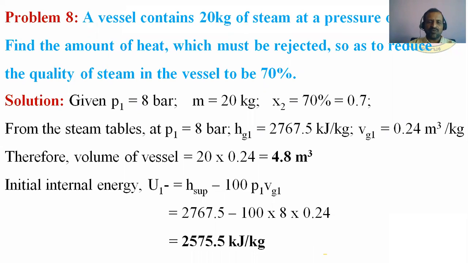Quality of steam means what type of steam it is, whether wet steam, dry steam or superheated steam. He has given 70%. 70% quality means the steam still contains some amount of water molecules, so the steam is wet steam.